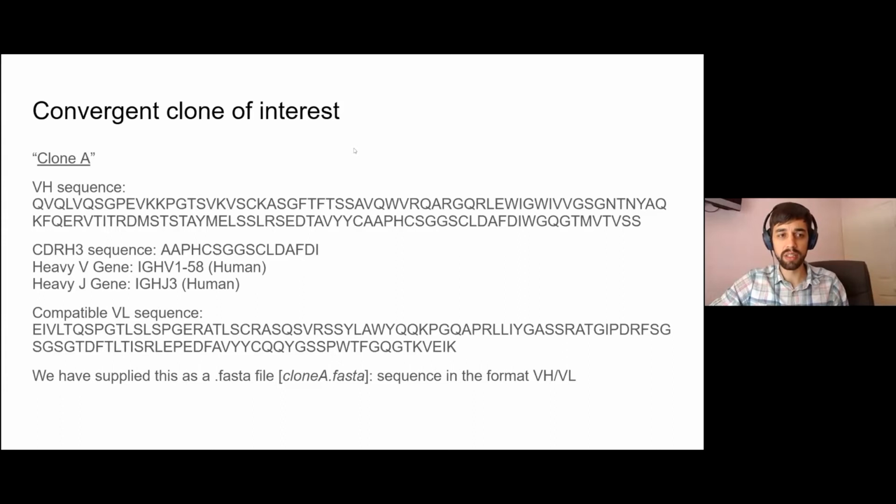And here we found that this clone A has been seen in 3 different individuals, all of which were recovering from SARS-CoV-2, but we couldn't find this same sequence in, for example, healthy people whose repertoires were just on standby mode looking for infection, or in people who were recovering from other diseases. So this has really given us a statistical indication that this might be a sequence that can actually bind to SARS-CoV-2.